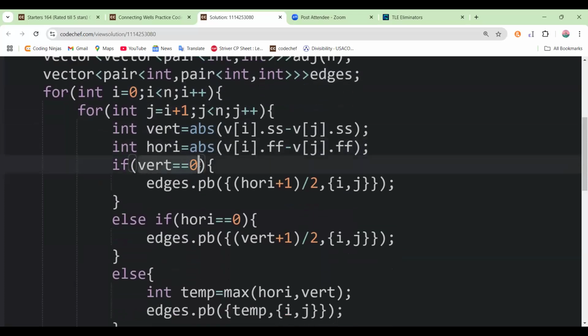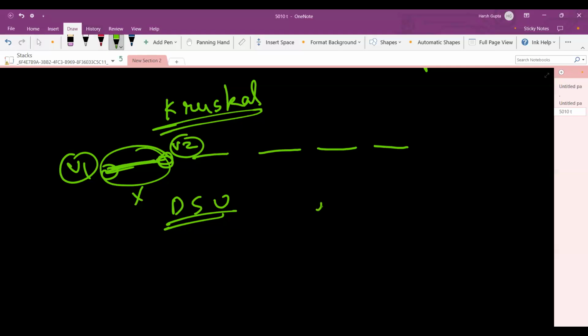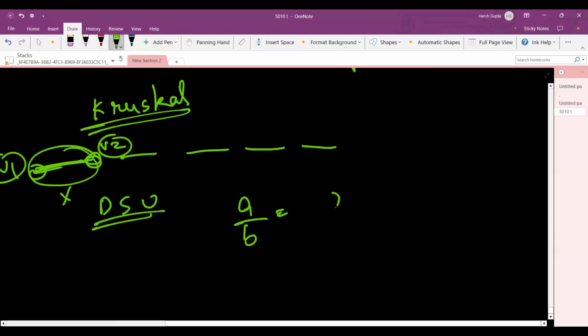If, let's suppose, vertical distance is 0, then in my edges I am simply pushing back an edge between i and j, and the weight of this edge is ceil value of horizontal by 2. You should be clear that the ceil value of a by b, you can always write as (a plus b minus 1) by b.